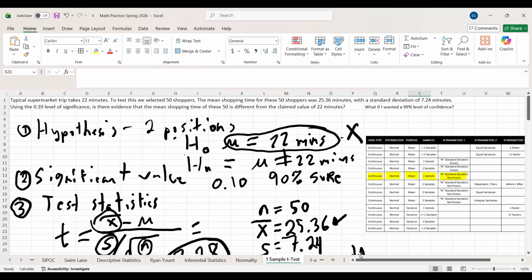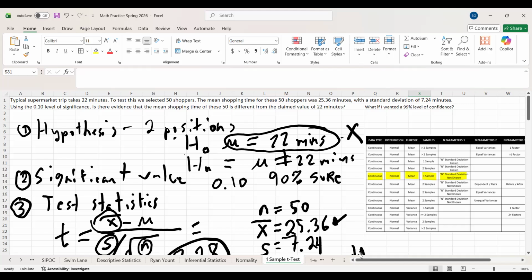So step one, I've got a problem statement. That's it. Step two, I have two positions, right? The null hypothesis is always going to be the status quo, so yes, there is no difference. And the alternative hypothesis is yes, there is a statistically significant difference between 25.36 and 22.